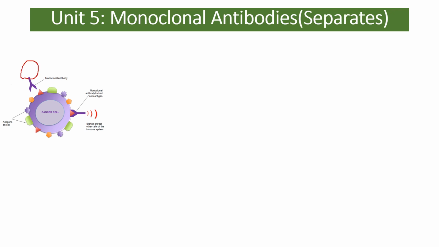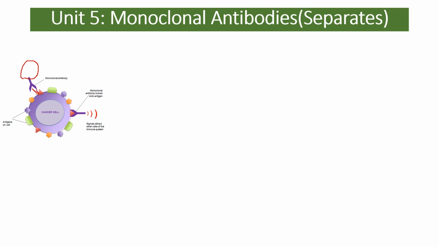So the last thing is then, well, what can we use them for? So one idea is we could use the monoclonal antibodies to try and kill cancer cells. So it could be that you attach a drug to a monoclonal antibody. So we make an antibody which has got the shape that is specific to an antigen only found in the mutated cancer cells.